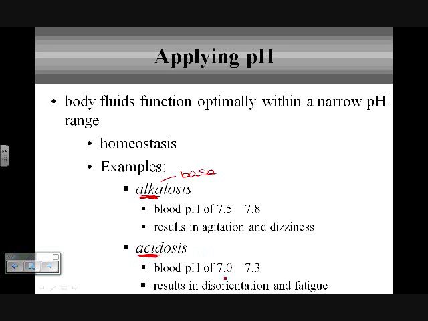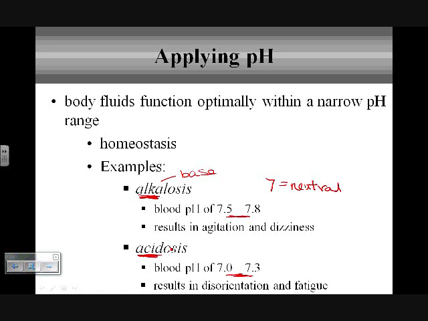versus acidosis being an acid. If we look, this is going to be on the lower end of the scale, on the higher end. Now keep in mind, 7 is typically our neutral range, right? If we look, all of this is actually above 7.